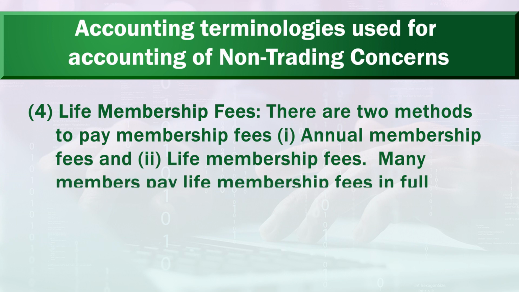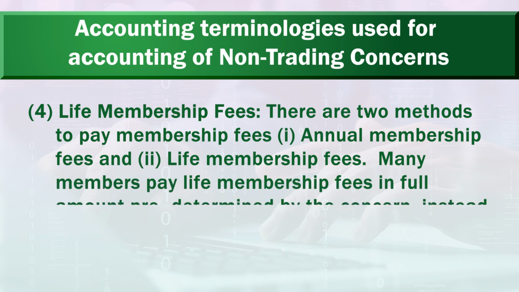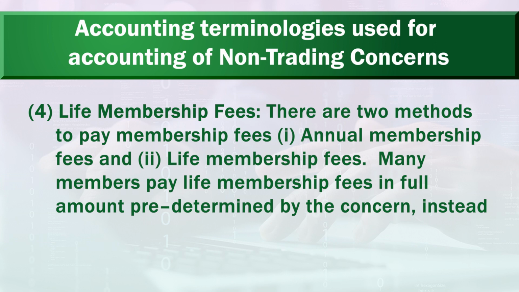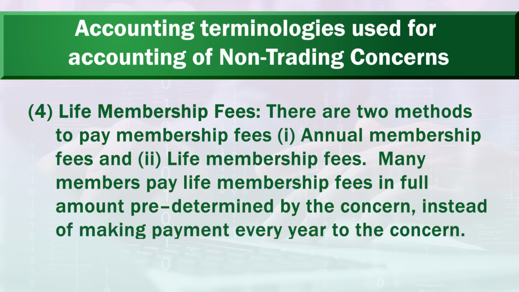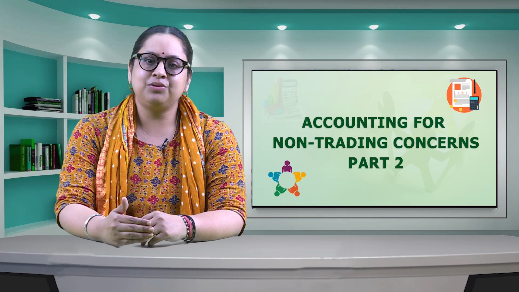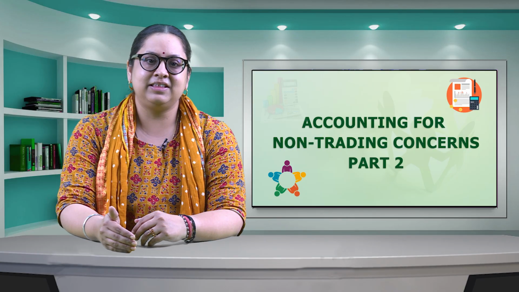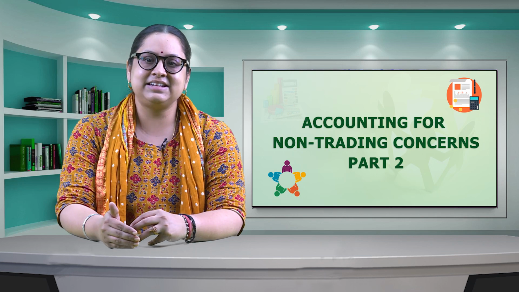Many members pay life membership fees in full amount predetermined by the concern instead of making payment every year to the concern. When no instruction is given, then it is to be treated as non-recurring. It is directly added to capital fund or general fund.